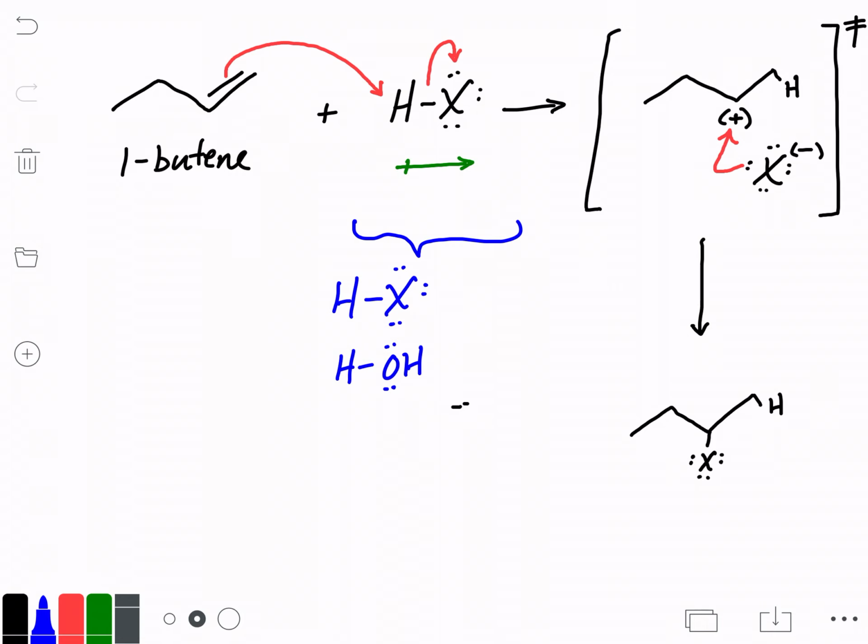Mechanisms virtually identical. We'll also see similar mechanisms using polarizable molecules like hydrogen or a dihalogen like chlorine or bromine.